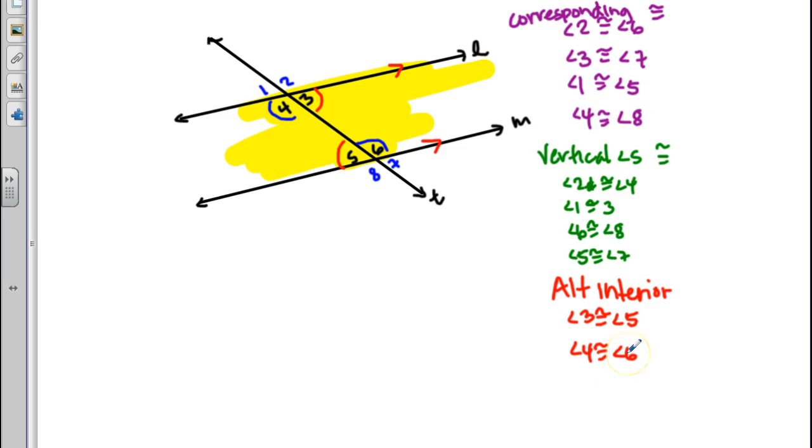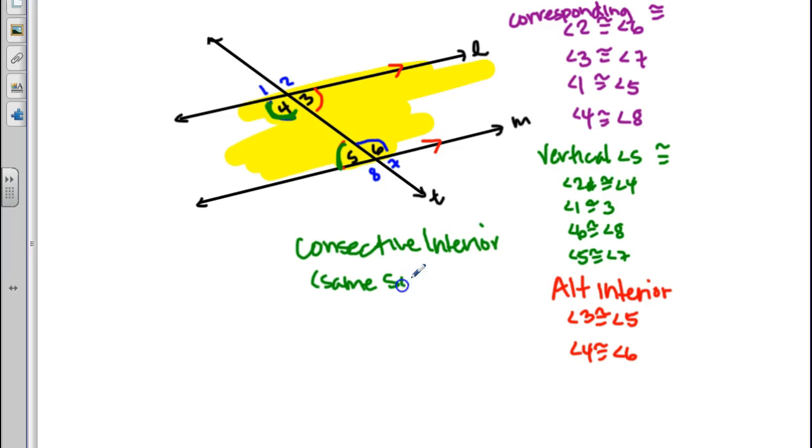All right, consecutive interior angles. They are supplementary. So we're staying on the inside. Consecutive interior means same side on the inside. They add to be 180. They're supplementary. So consecutive interior, same side. Remember we talked about that.